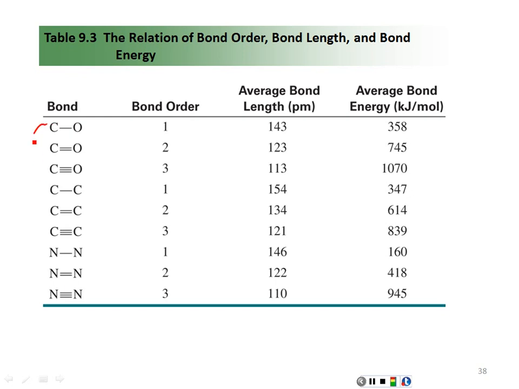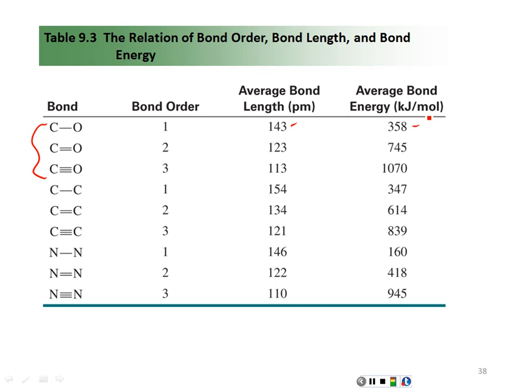So if we look at the first three molecules in this table, they're all carbon-oxygen molecules. The only thing different between them is the bond order. The first one is a single bond, so the bond order is 1. The length is 143 picometers, and we see here the bond energy is 358 kilojoules per mole.